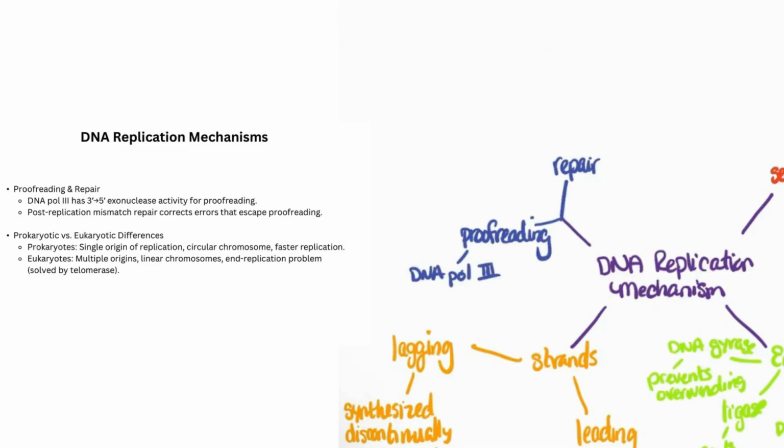The whole process is the 3' to 5' exonuclease activity, which is the removal of nucleotides that are mismatched. So this is an important thing to remember. 3' to 5' exonuclease activity.